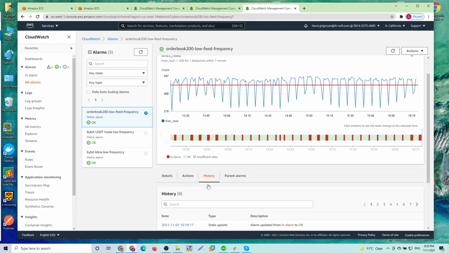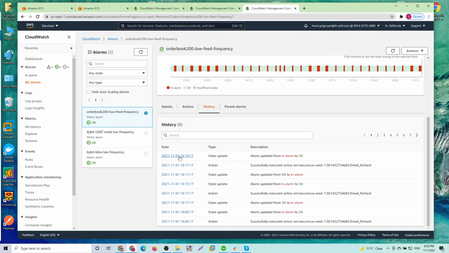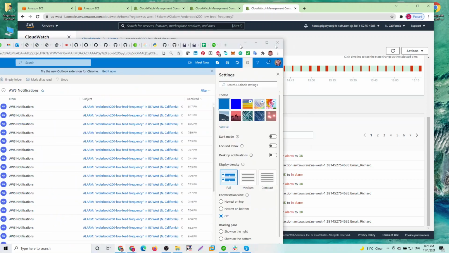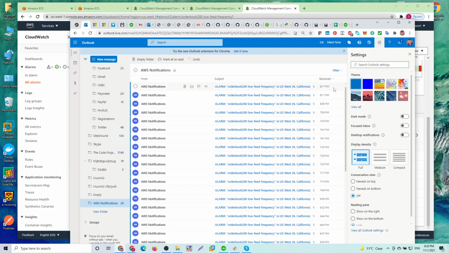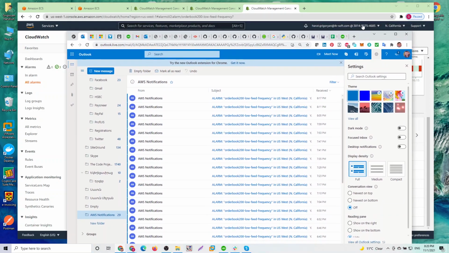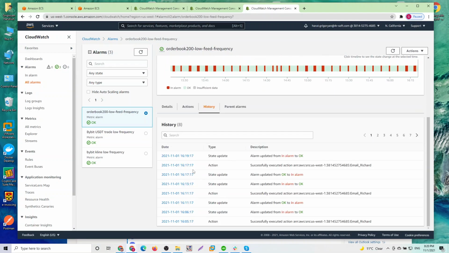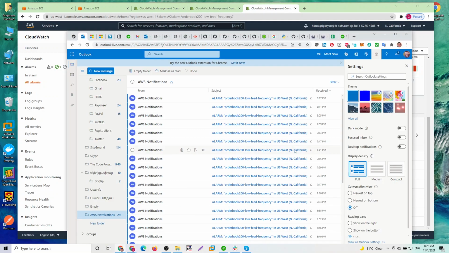And in history, yeah, this is exactly the alarm that I get. Let's see, here and here, and this is again GMT plus 0 UTC time, and this is GMT plus 4.